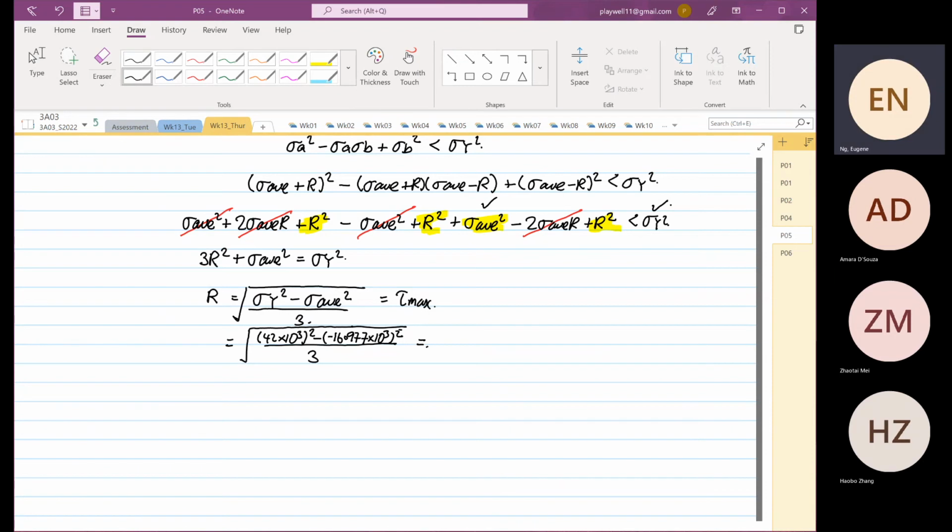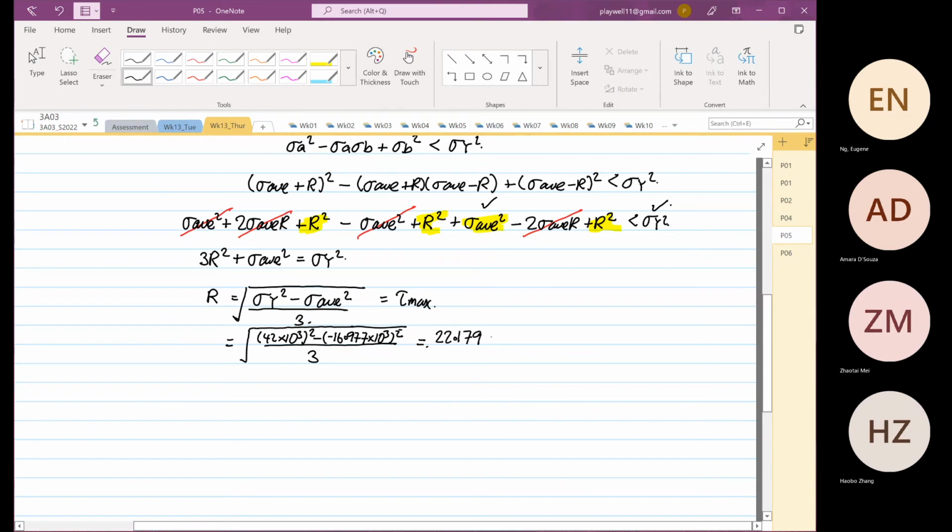You get 22.179 times 10 to the power 3 psi. Okay, so this is our tau max.